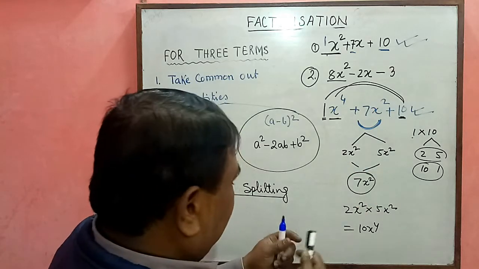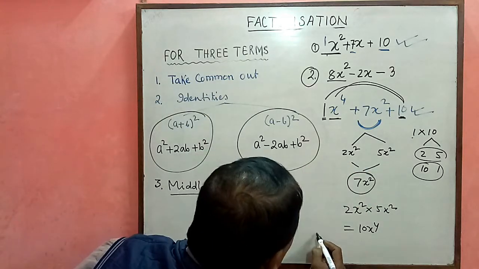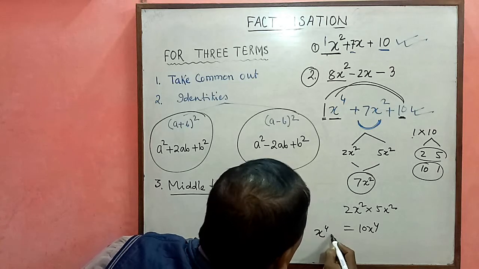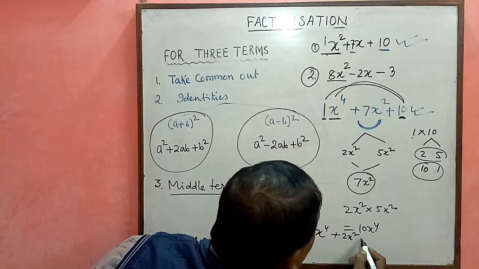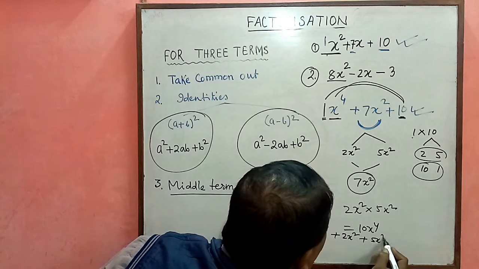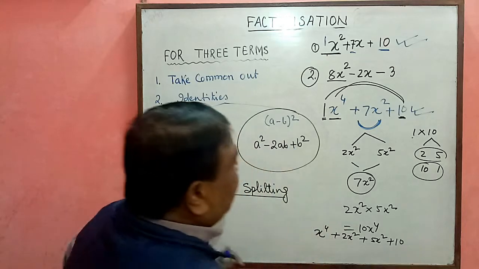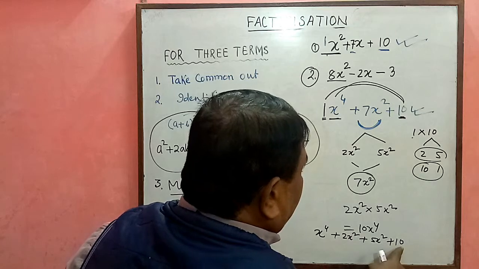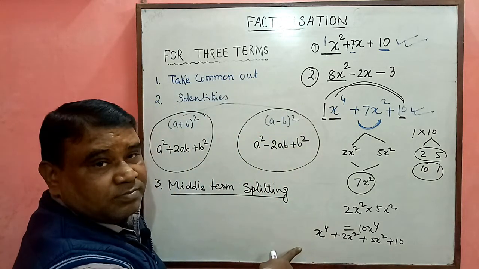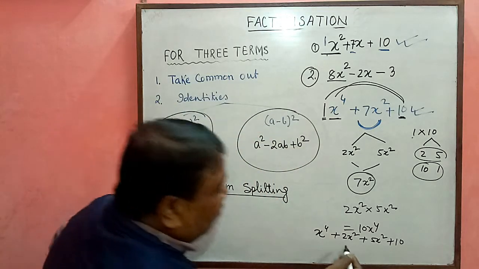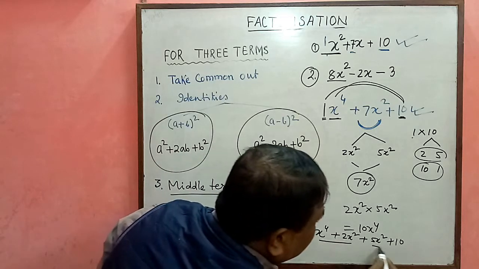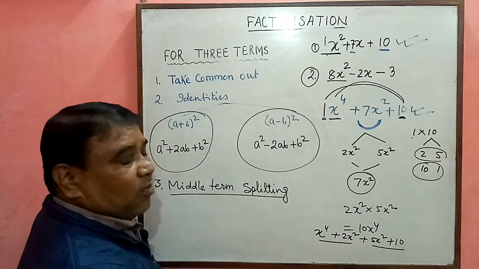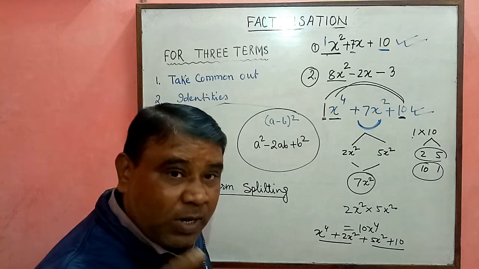Now let me split this one. Now here x to the power 4 plus 2x square plus 5x square plus 10. Ultimately, by splitting the middle term, we are having 4 terms now. Now from both the pairs, we will try to form a common term.